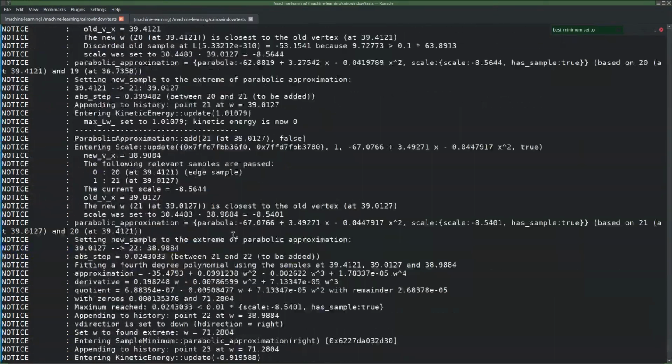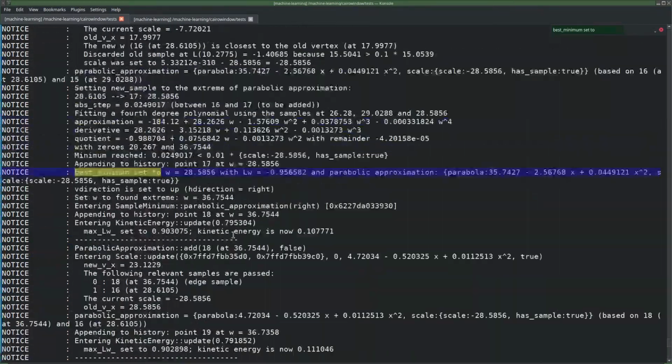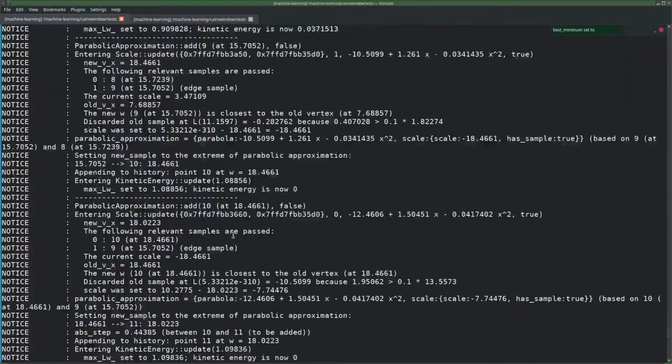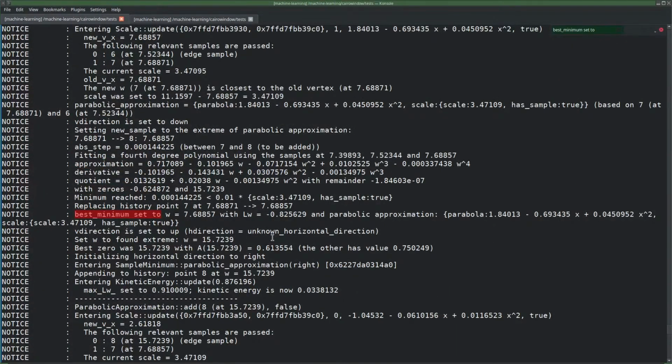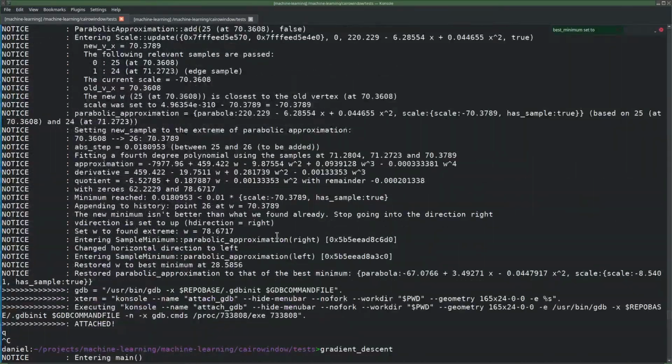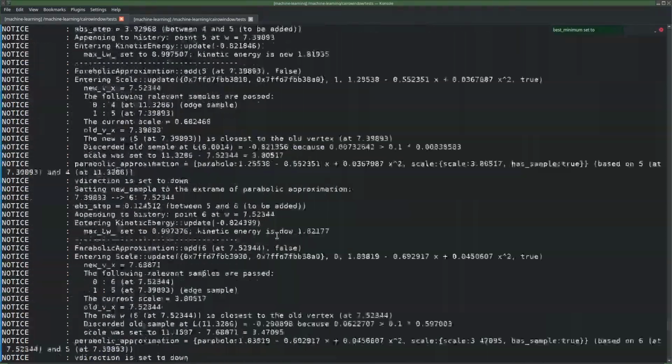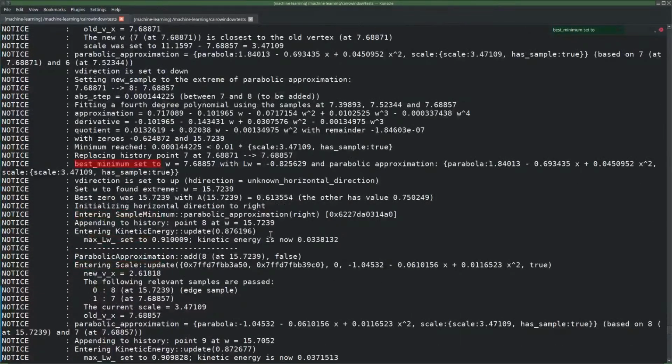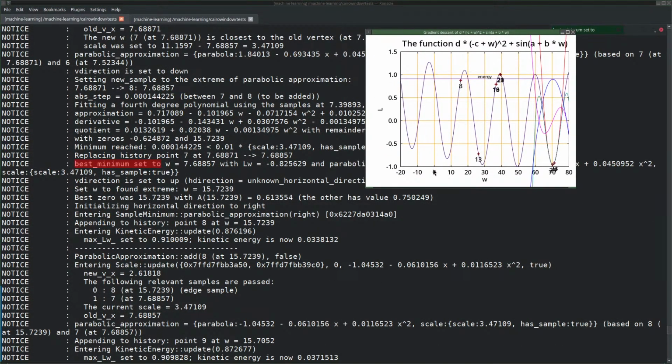The best minimum, how often is that set? First time it is set, it is at 7.6. So that's here.